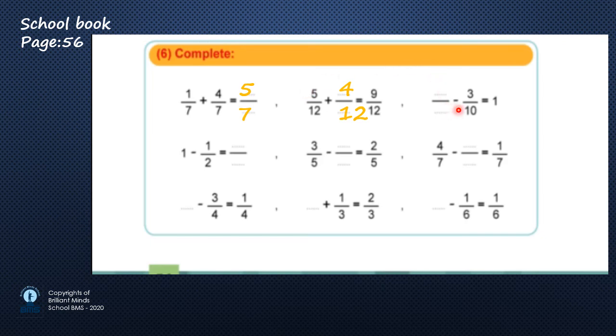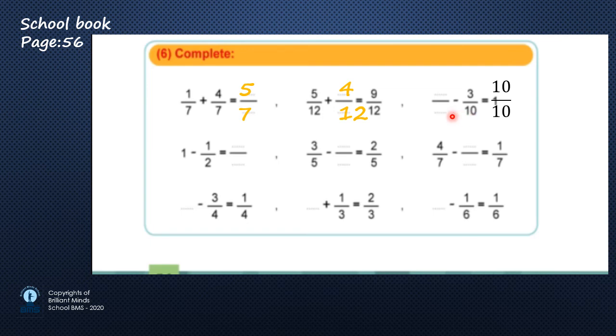Space minus 3 over 10 equals 1. We said we're gonna replace 1 with a fraction having the same N and D. How are we gonna know the number we're gonna put up and down? According to the denominator in the second fraction in the question. I have here 10 down, so I'm gonna replace 1 with 10 over 10.